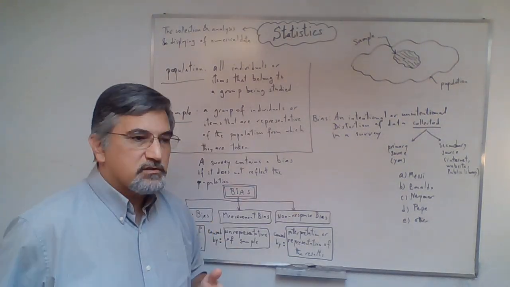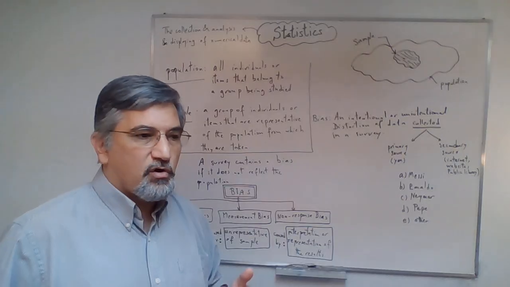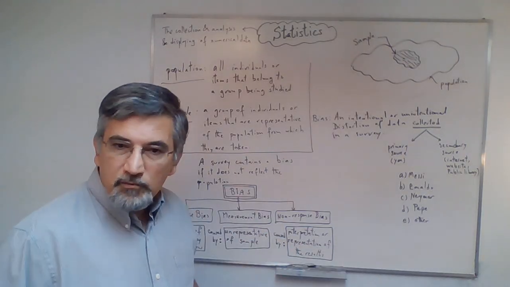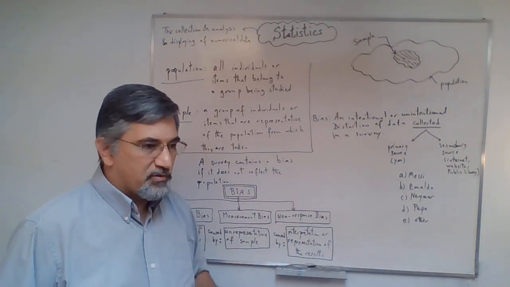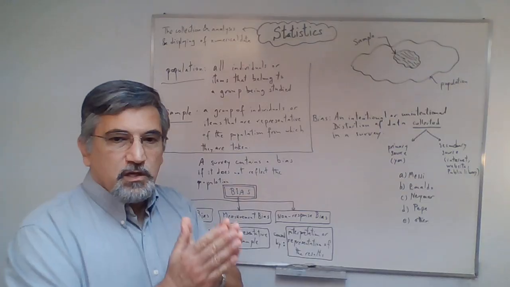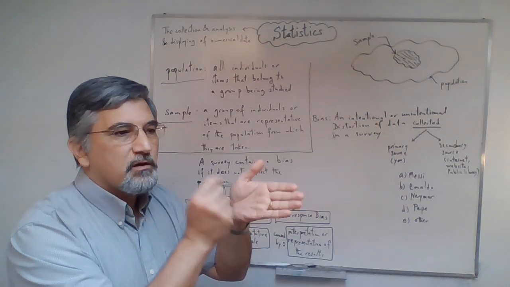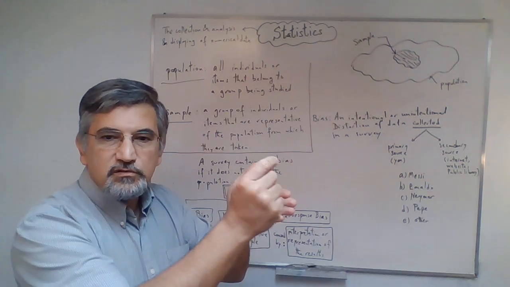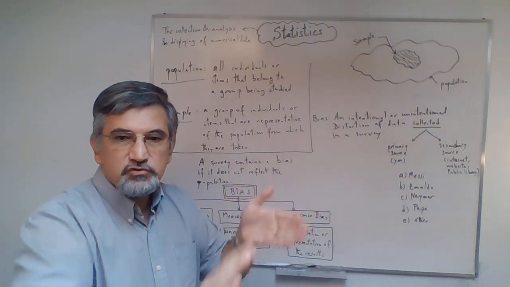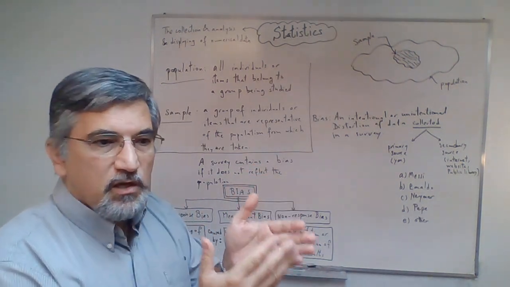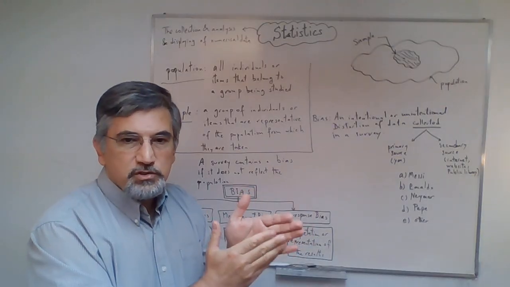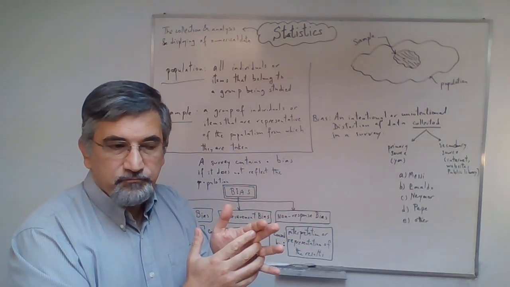Let's say we want to find out what is the favorite car of grade 12 students, for example. You can give your survey question like the following: what is your favorite car? That's it. No strings attached. So that will be a good survey question, free of bias.